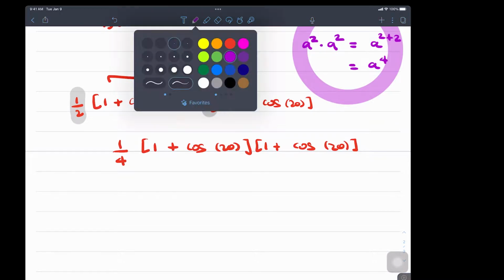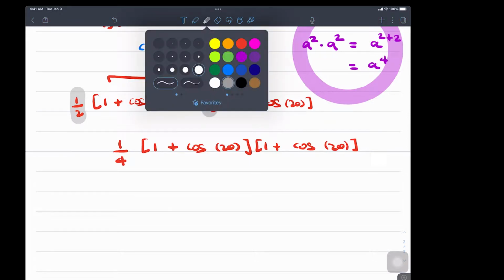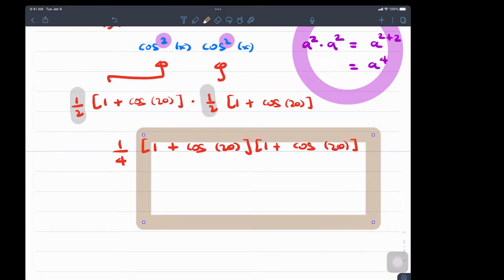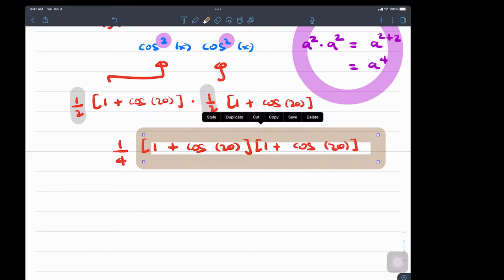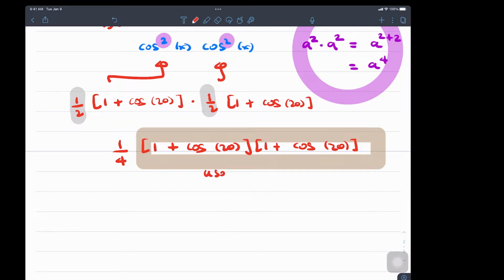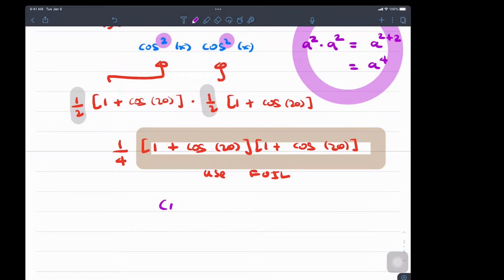Now I'll say, what do you guys think you use here? You have to use what? You have to use FOIL, is that right? So how do you use FOIL? And in fact, this is a very special version of FOIL.